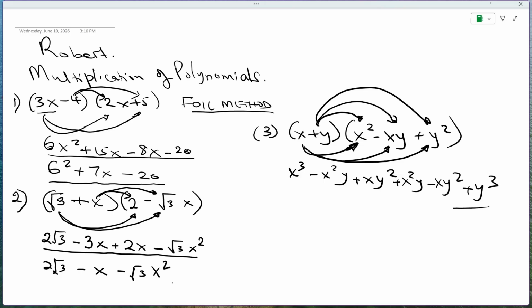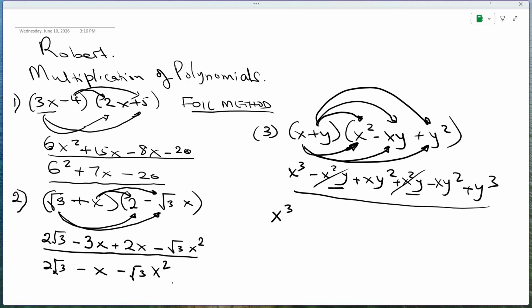And so we have this whole expression to simplify. So we look for similar terms. x cubed is alone. Now x squared y and x squared y are there, and this is minus x squared y plus x squared y, so these two cancel each other out.